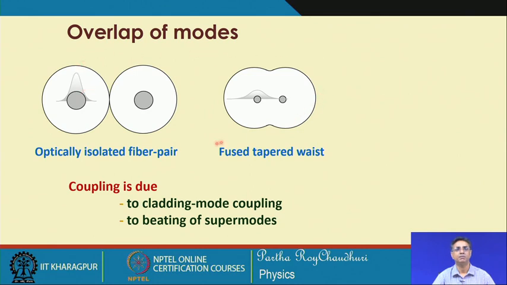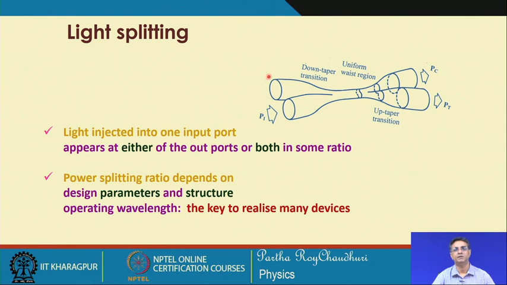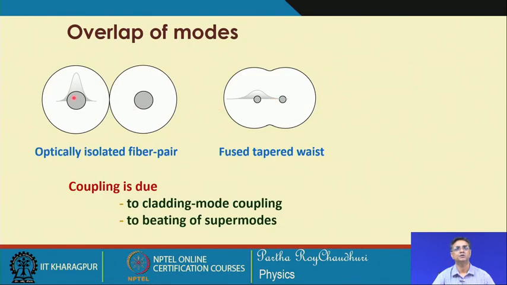To understand how this coupling takes place, these are the two optically isolated fibers where there is no interaction. It looks like they are just in contact with each other, only at the outer boundary of the cladding. So, the field does not see the presence of the other waveguide. But at the tapered region and the uniform waist region, the core becomes very small and instead of two different claddings you have a common cladding in which you have two cores.